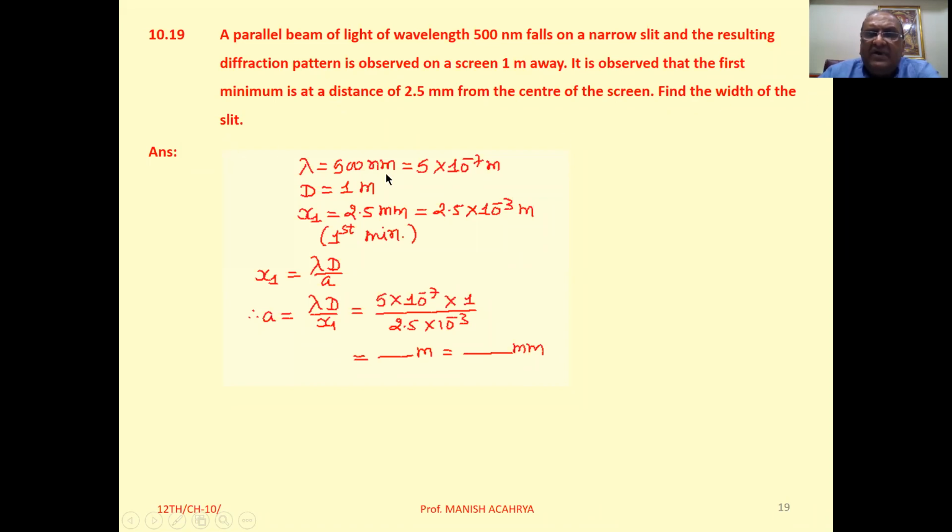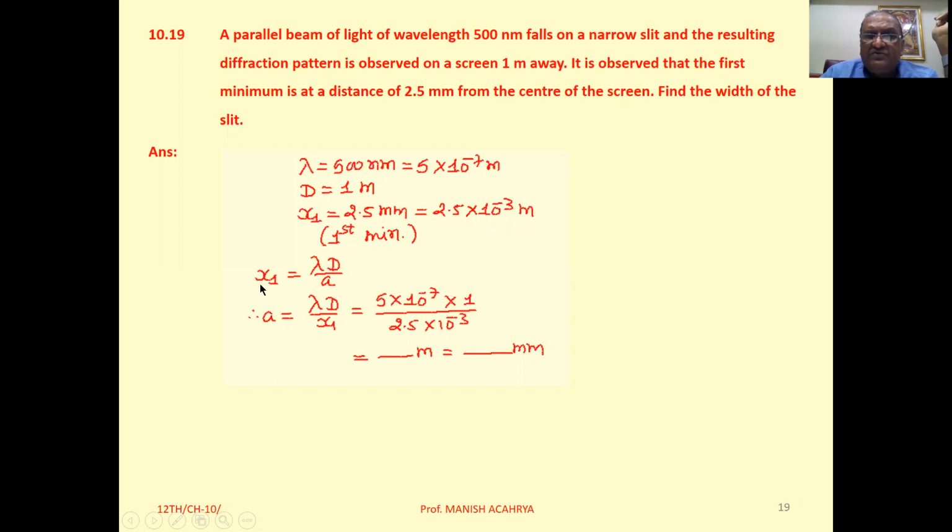Now lambda is 500 nanometer, so that is 5 into 10 raised to minus 7 meter. Then D, the distance between slit and screen, is 1 meter. Then the position of the first minimum is 2.5 millimeter from the center, so that is 2.5 into 10 raised to minus 3 meter.